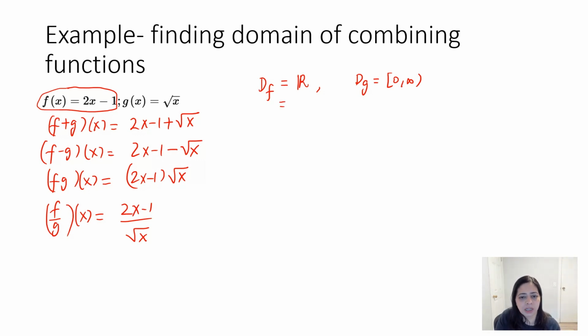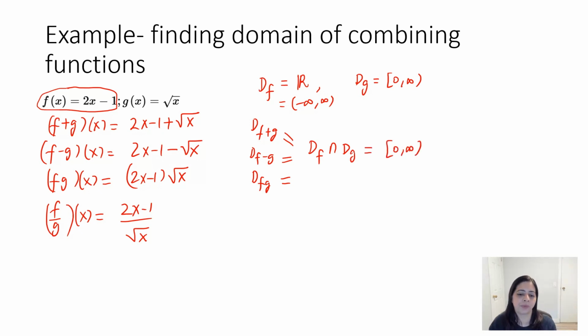So it's similar to the kind of example we just did. So the domain of f plus g, the domain of f minus g, and the domain of f times g are all the same. They are the intersection of these, which is 0 to infinity. You just have to write a different answer for the domain of the quotient function.